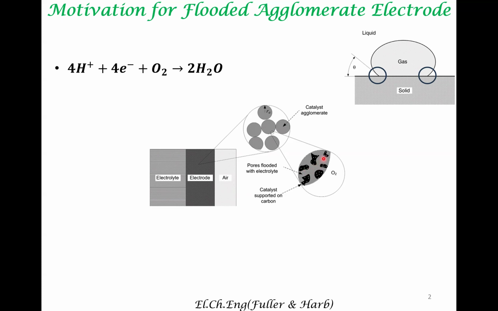So these light gray segments are indicative of liquid electrolyte which conducts ions. So we do have a significant probability for the presence of three-phase boundary. For example, you have a gas phase, an electronically conducting phase, and an ionically conducting phase. So in order to increase the three-phase boundary, these flooded agglomerate electrodes were introduced.